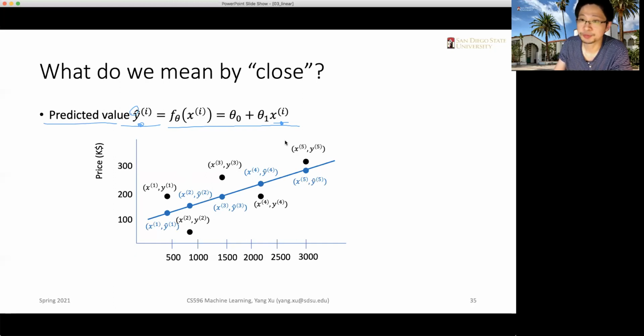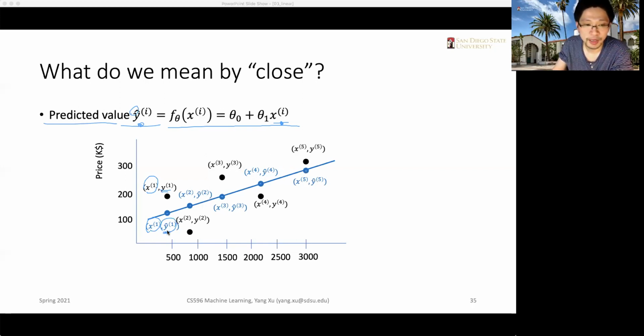And we can also plot the predicted points. What are the predicted points? They have the same x coordinates as the real data, but the y coordinate is y hat instead of the actual y. So this y hat is the predicted value given an x. All the predicted points fall onto the model's line, that's how the model is defined.